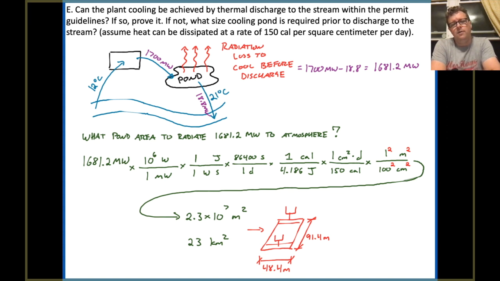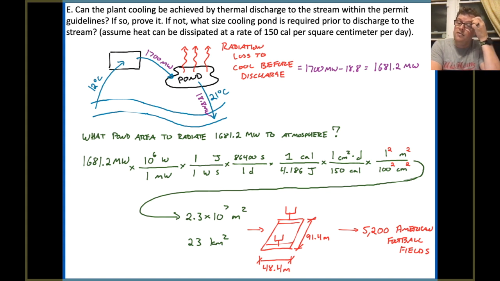So just for my own edification here, I've looked up the dimensions of an American football field that are about 48.4 meters wide and 91.4 meters long. And so a 23 square kilometer cooling pond is, by my estimate, about 5,200 American football fields.